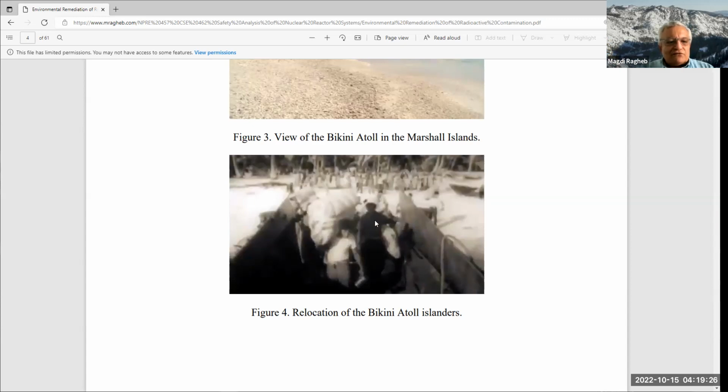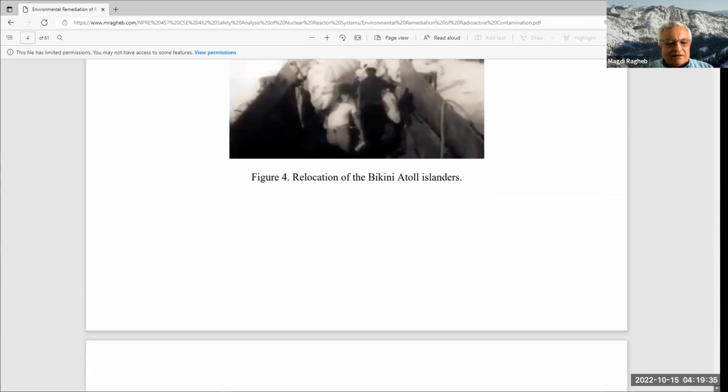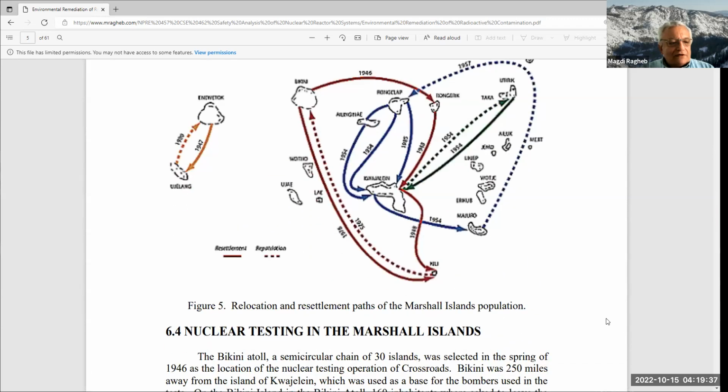The radiation level was so high that the people at the Bikini Atoll in particular were relocated to the Kwajalein Island in that case. So you could see here a very tragic situation of relocation happened in that case.